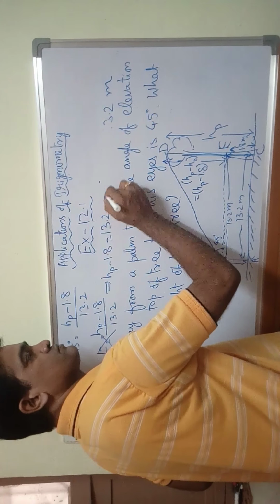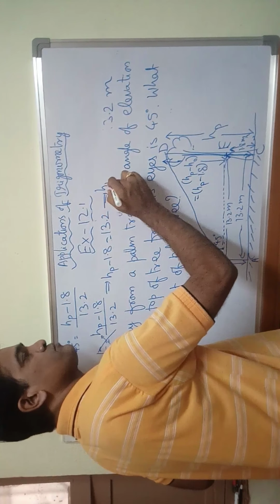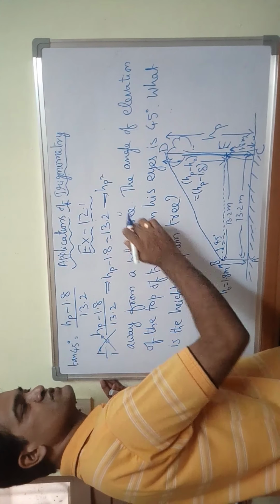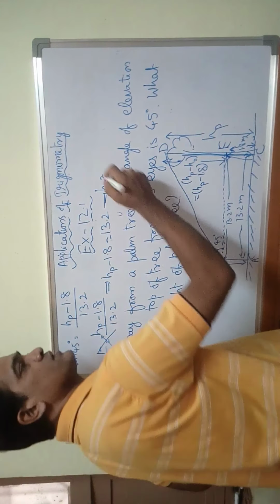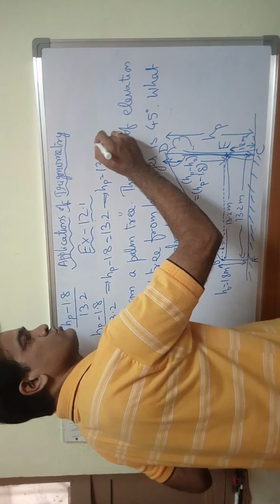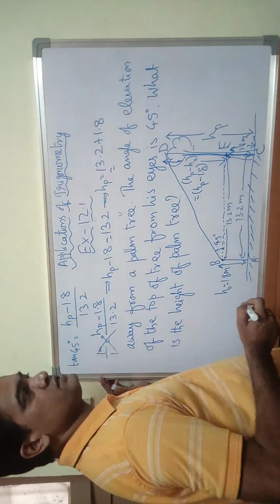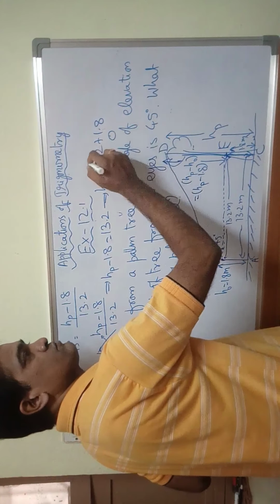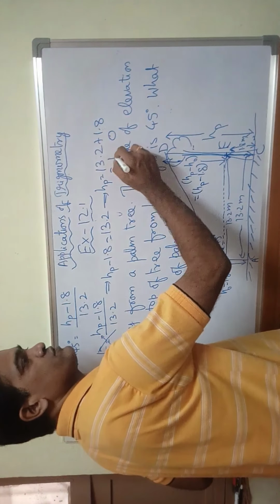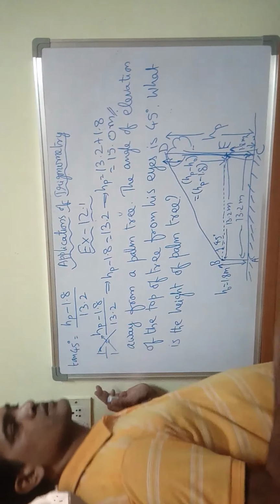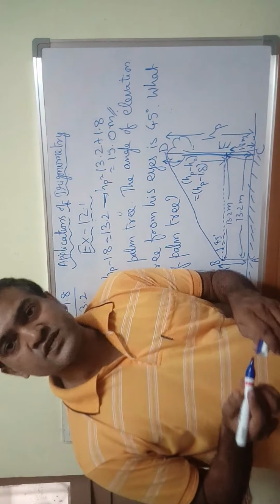This implies the height of the palm tree is equal to, taking the minus 1.8 to the right side, 13.2 plus 1.8, which comes out to be 15. So 15 meters is the height of the palm tree.